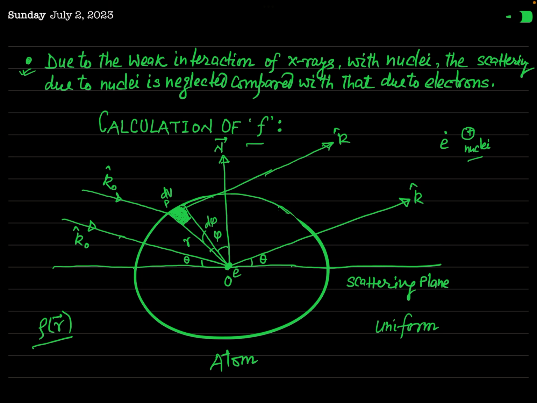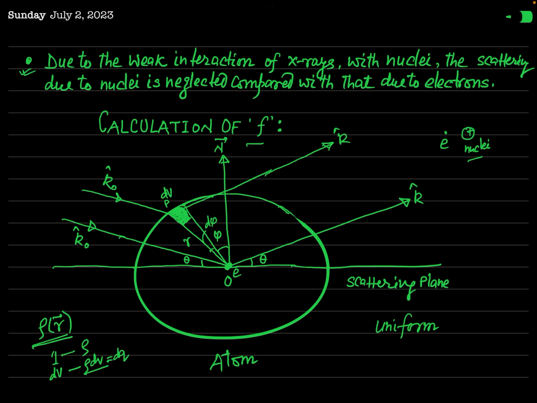Since rho is the volume charge density, in unit volume the charge is equal to rho. So in volume dV the charge will be rho dV. This volume element contains a charge dq equal to rho dV, and it also acts like a scattering center.